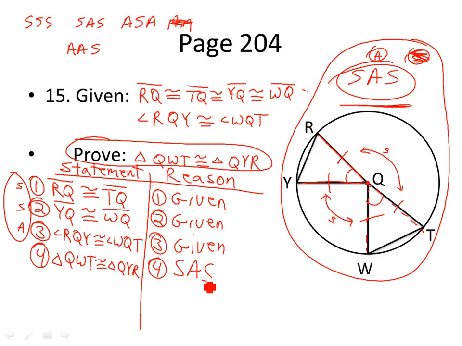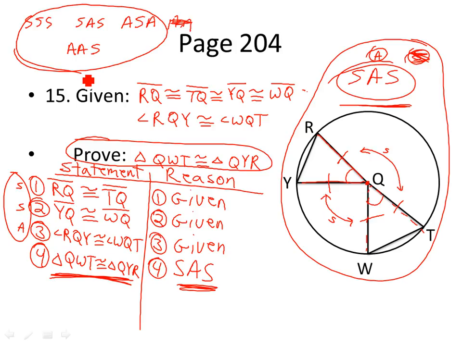All right. Couple things I'm going to say on this real quick. If your statement, everybody listen close, if your statement is two triangles, that reason has to be one of those four things. It's got to be one of those four things.